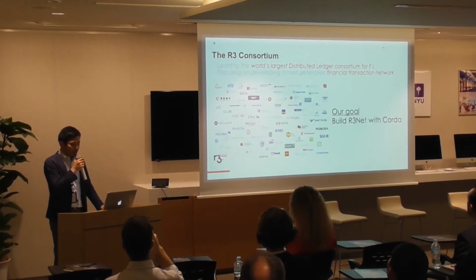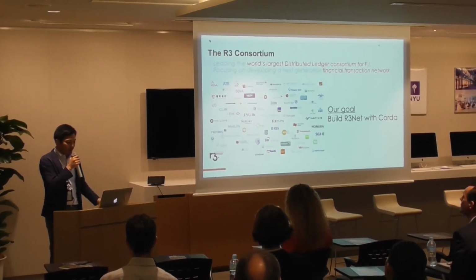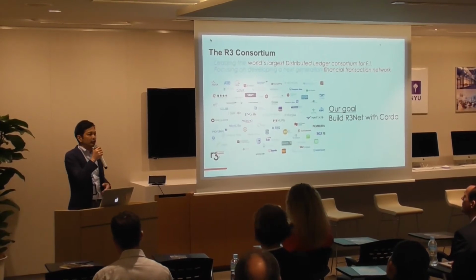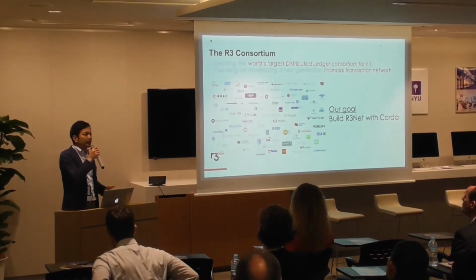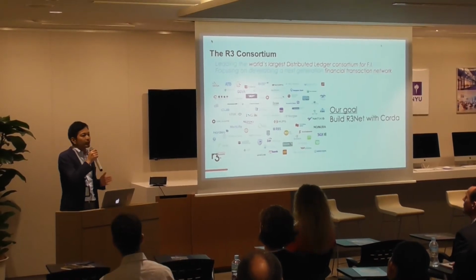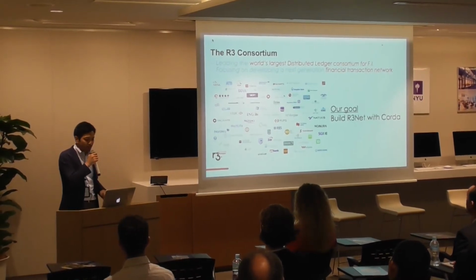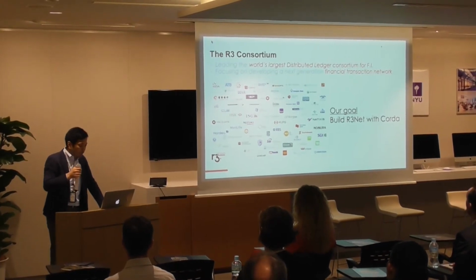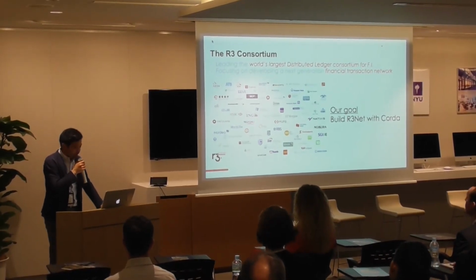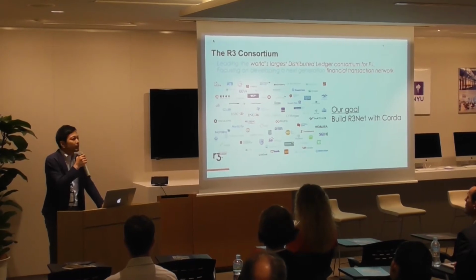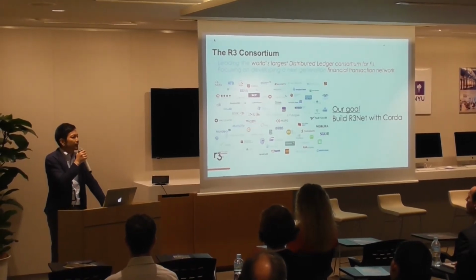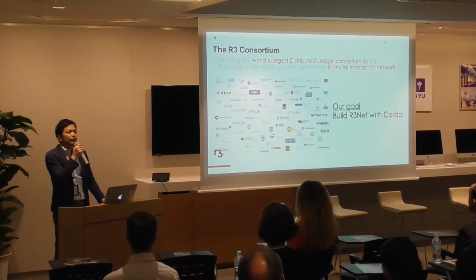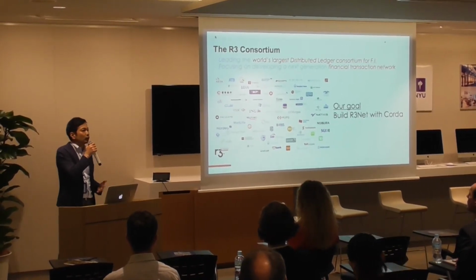Some people think of a consortium as just a non-profit organization, but we are a company. So we are laser focused on commercialization of our product. So now we have over 100 financial institution members, working together to build what is called Corda.